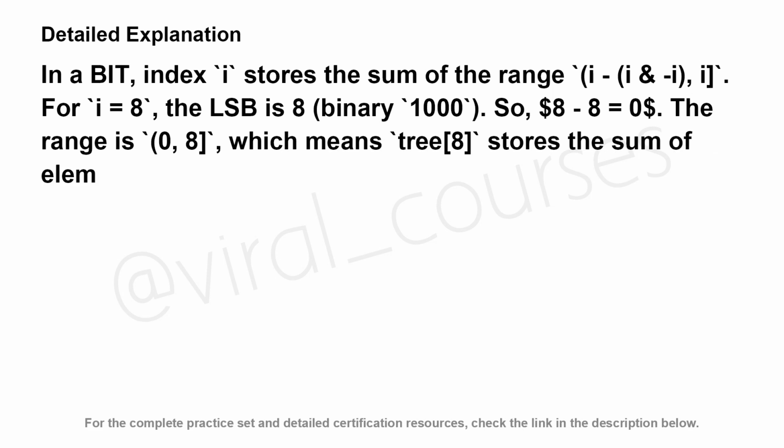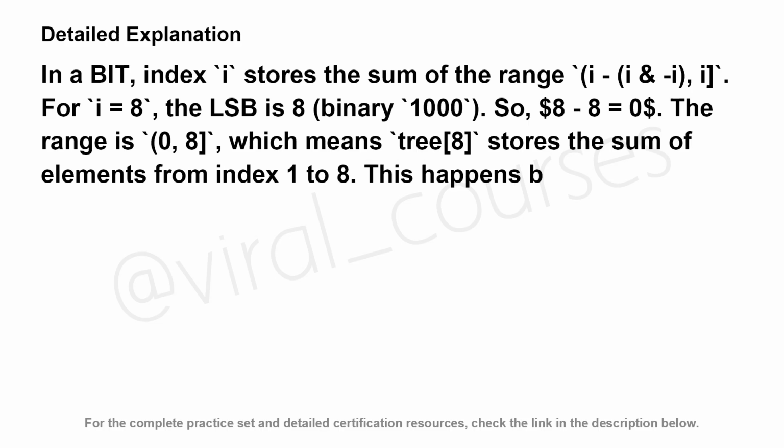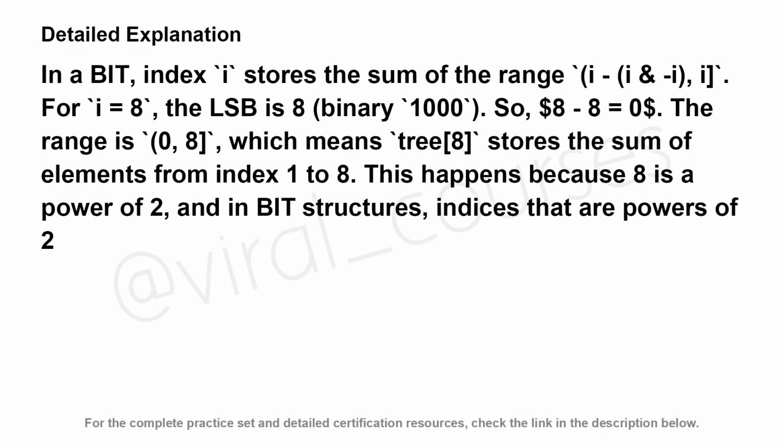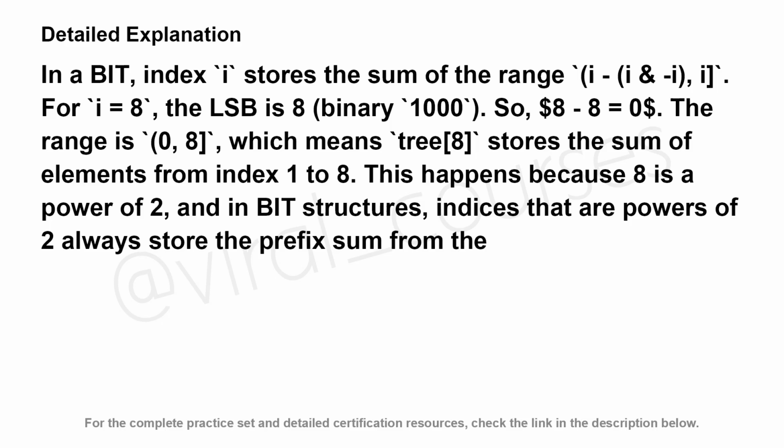The range is (0, 8], which means tree[8] stores the sum of elements from index 1 to 8. This happens because 8 is a power of 2, and in BIT structures, indices that are powers of 2 always store the prefix sum from the very beginning of the array.